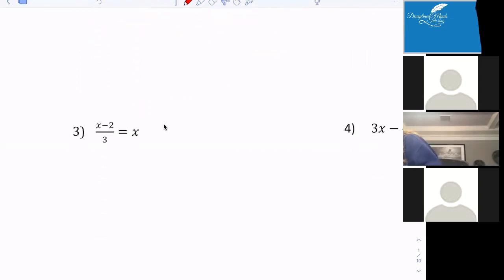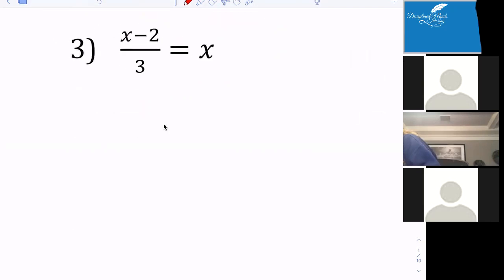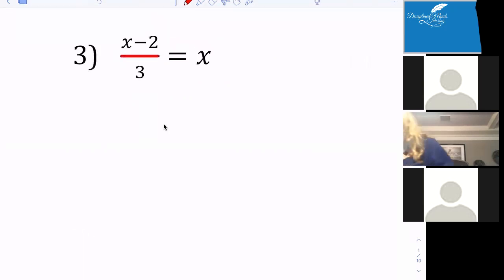Number 3. Again, we have the quantity being divided by 3. This is the rare case in which you have to get rid of the division before you get rid of the addition and subtraction. So I need to do what to both sides?